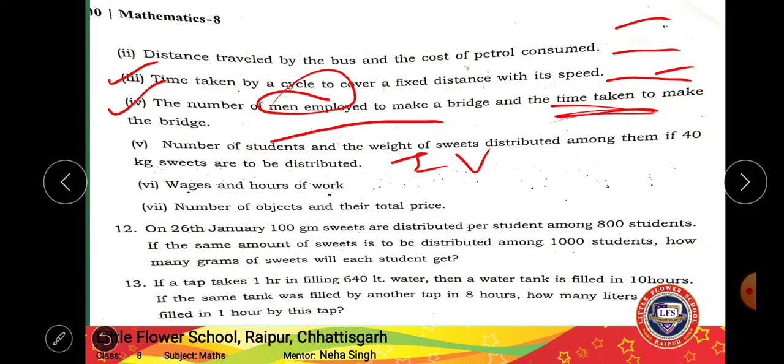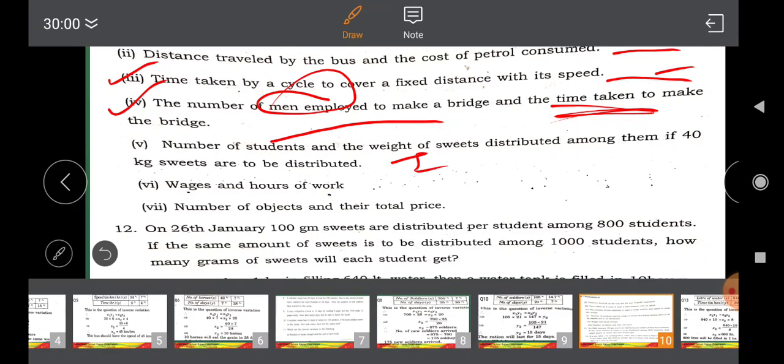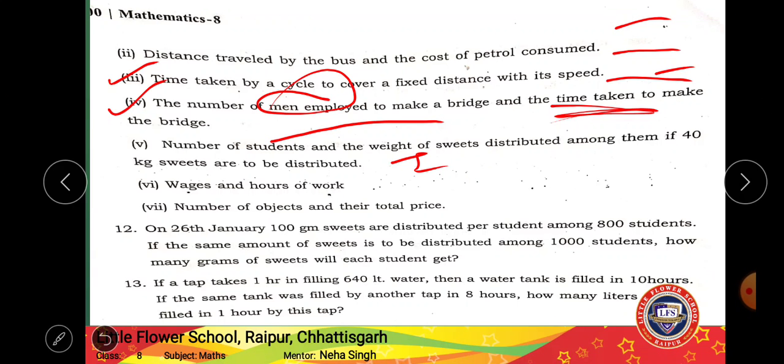Wages and hours of work. Wages means salary, and hours of work. If the hours of work are more, wages will be more. So this is not in inverse variation, right? Not in inverse variation. Number of objects and their total price. This is also not in inverse variation. Why? Because if the number of objects is increasing, the price will definitely increase, right?